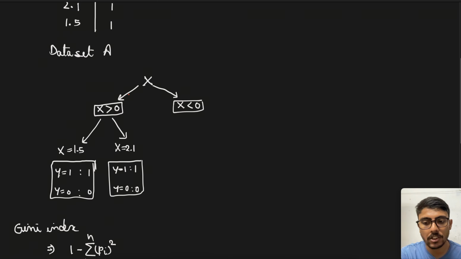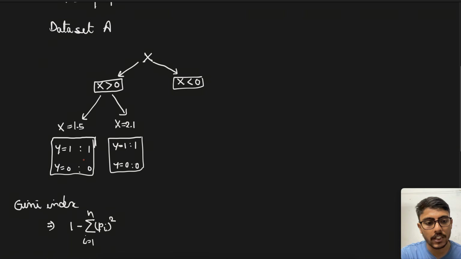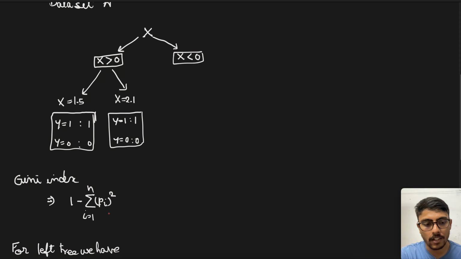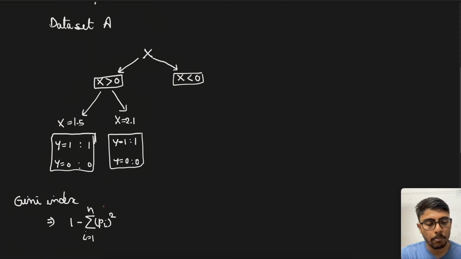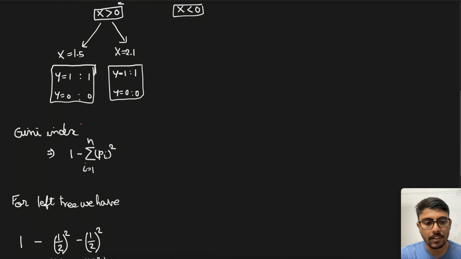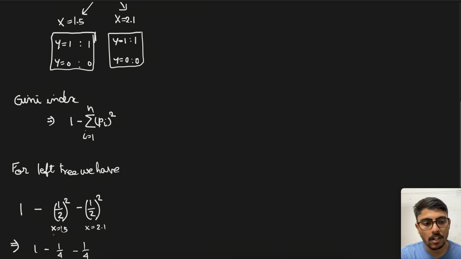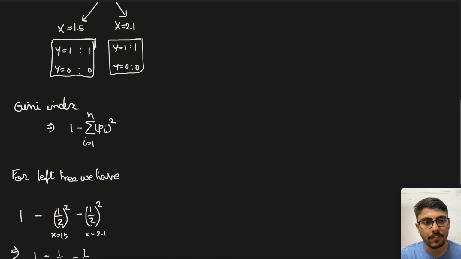Now let's compute the Gini index. The formula for Gini index is 1 minus the summation of pi squared. Here pi basically means the probability of the target class given x equal to 1.5. So for the left tree, for x equal to 1.5, the probability of y equal to 1 is half.